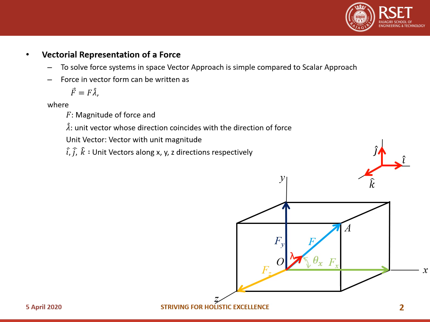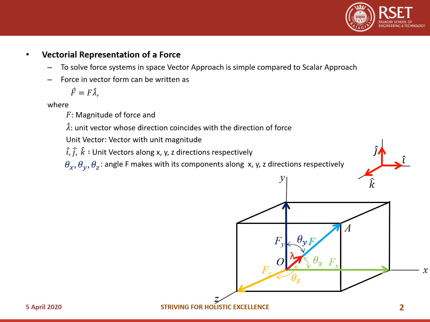Let theta x be the angle that the force F makes with the x axis, the horizontal component. Theta y be the angle the force F makes with the y axis, or the vertical component. And theta z be the angle the force F makes with its z component.